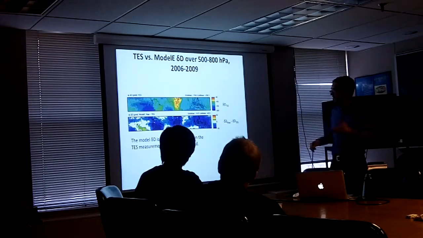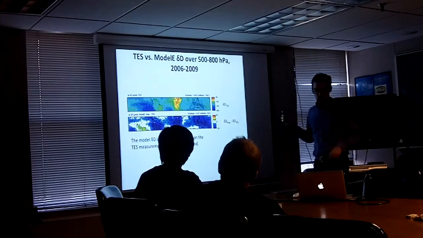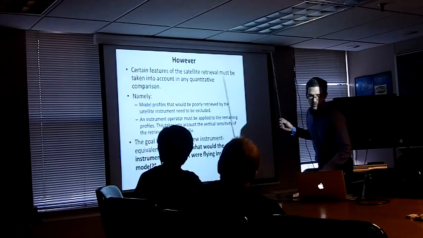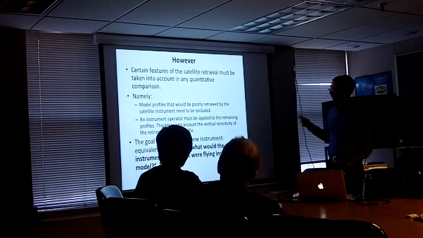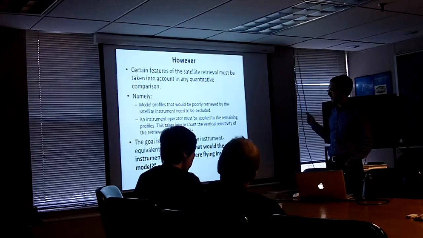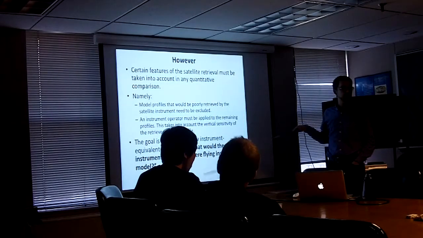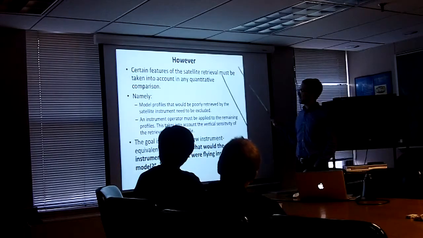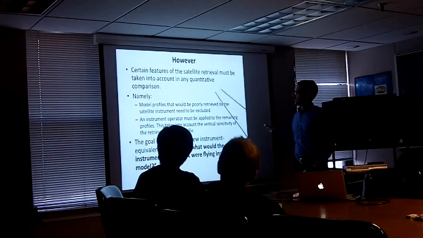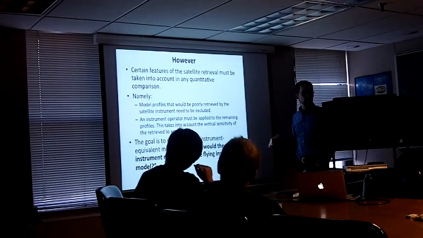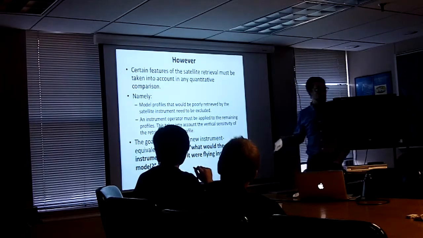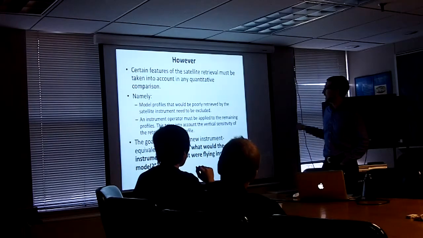We could start to try and understand why that's the case. However, we can't do that right away, because certain features of the retrieval must be taken into account before any quantitative comparison: model profiles that would be poorly retrieved by the instrument need to be excluded from any analysis, as is done in any observational analysis.